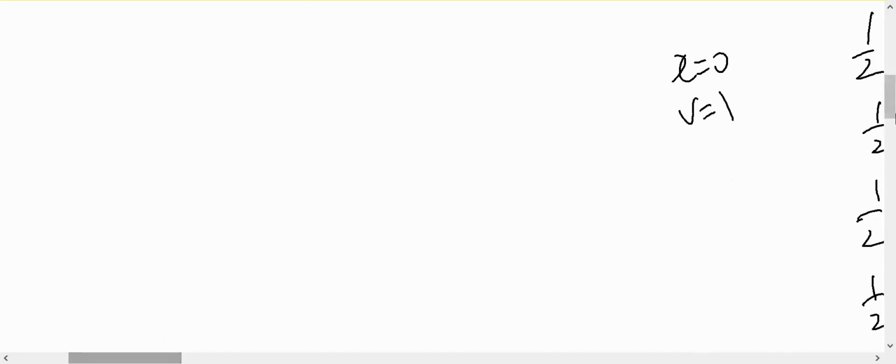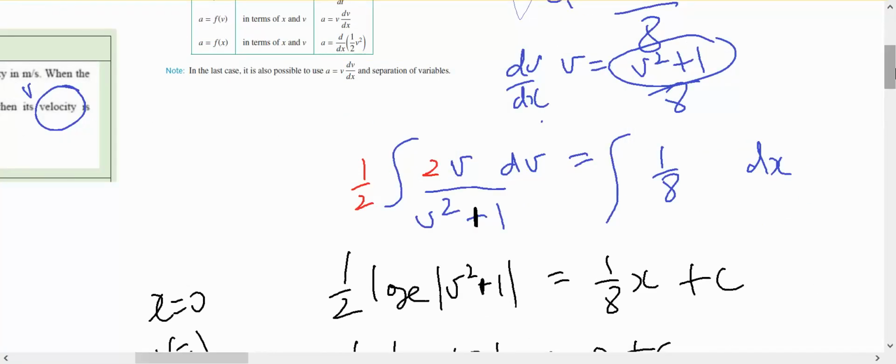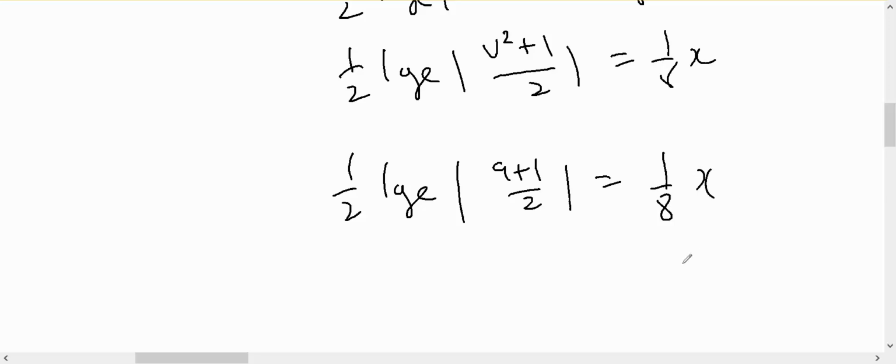What did the question ask me to do? How many meters will the particle be from the origin when the velocity is equal to 3? At this point I'm happy to sub in a 3. A half log base e of 3 squared is 9, plus 1, on 2 equals 1/8 x. x equals, moving the 8 over, 4 log base e of 5.